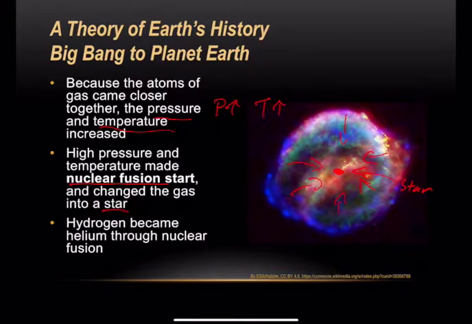And the hydrogen gas, we've got hydrogen gas and hydrogen gas, and this nuclear process, this nuclear fusion, is combining hydrogens to make helium. So hydrogen is going in and helium is being created inside of the star.